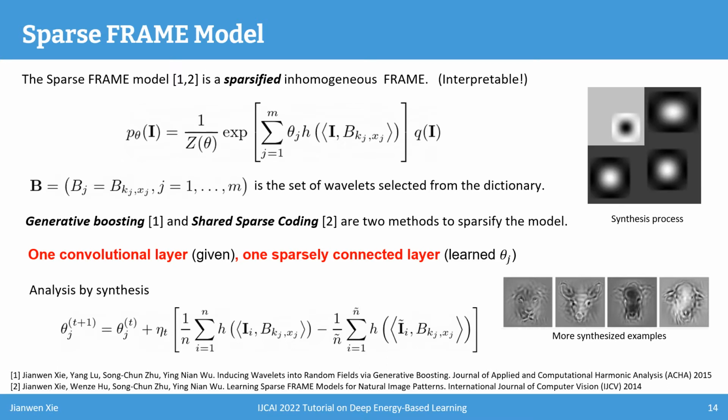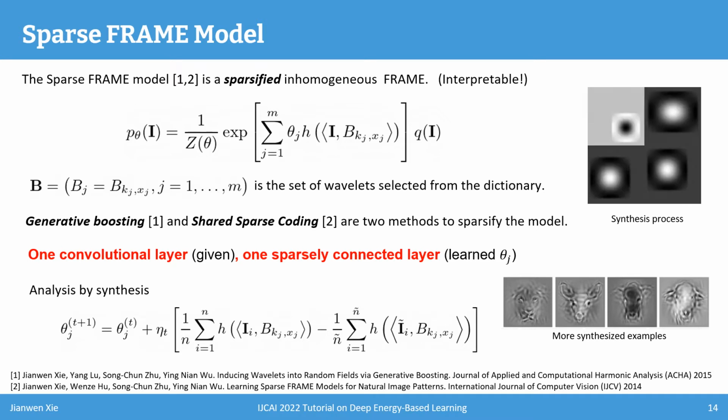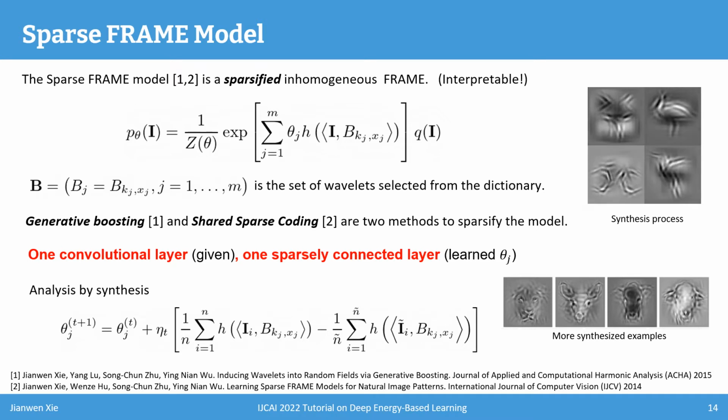The selected Gabor filters form a template of sketches that is an interpretable representation of the object. Generative boosting and shared sparse coding are two approaches to specify the frame model.